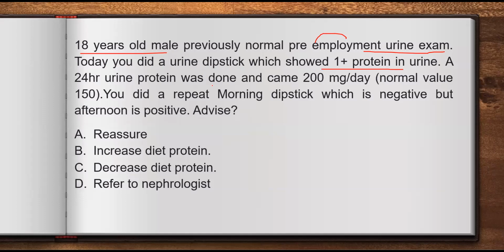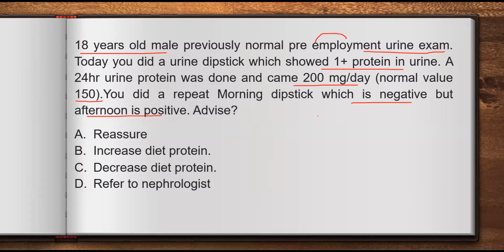Then you did a 24-hour urinary protein test and found 200 milligrams per day of protein. Normal value is 150. So obviously some protein is coming out. You did a repeat morning dipstick, which came negative, but you did it again in the afternoon, and that's positive.